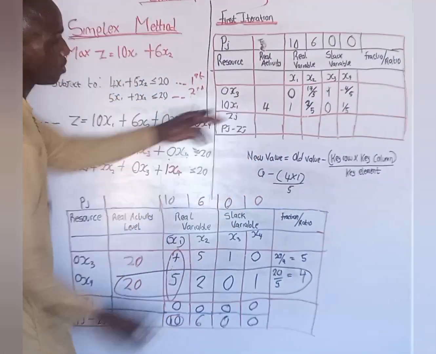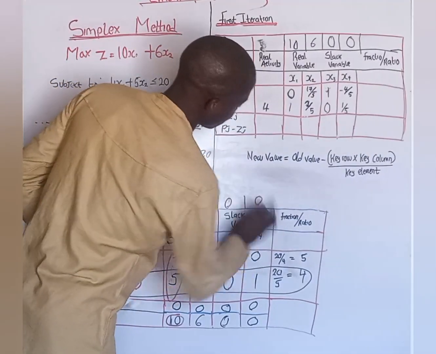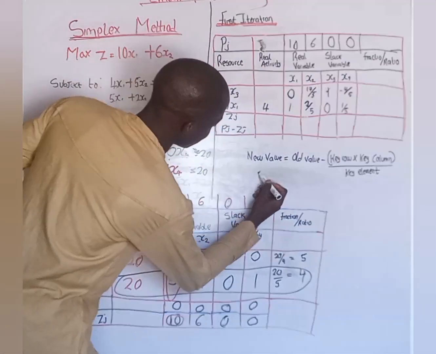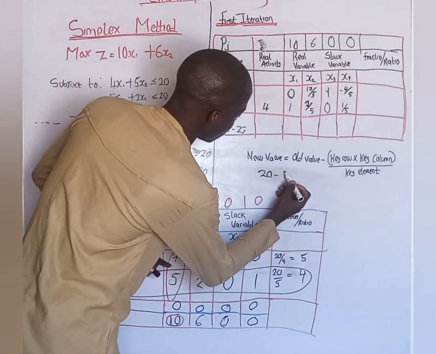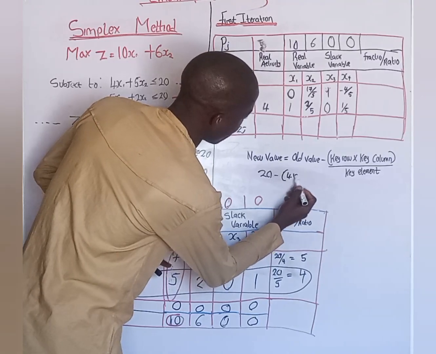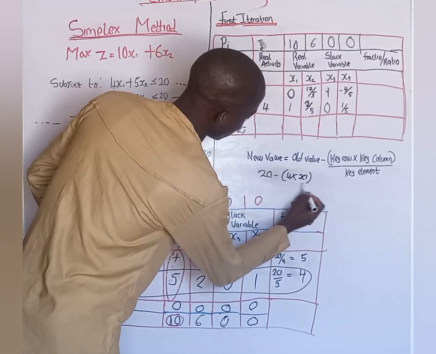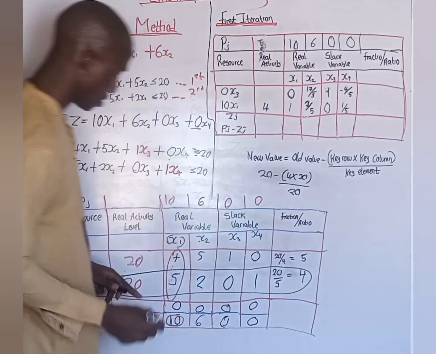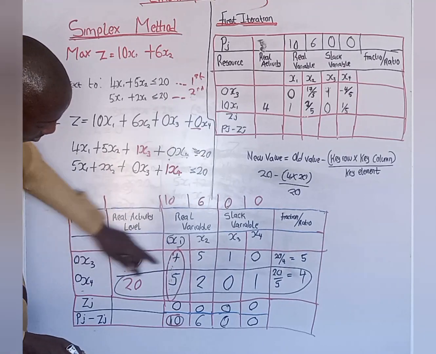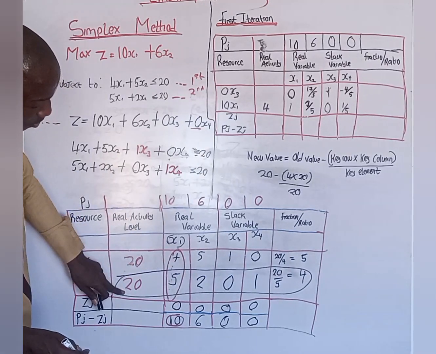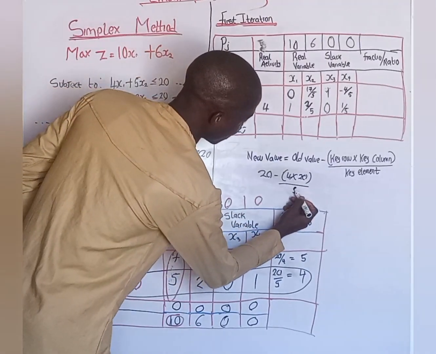It remains the new value of this real activity. The old value is 20, and we have old value minus the key row element. The key row element is 4, multiplied by the key column element, which is 20, all over the key element. You got it right? Old value minus the key row element, then multiplied by the key column element divided by the key element, which is 5.